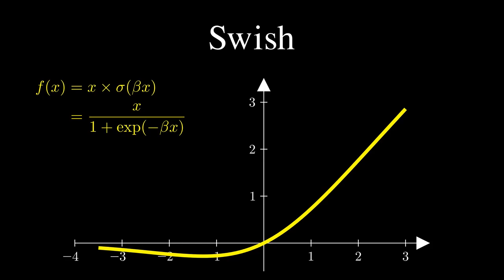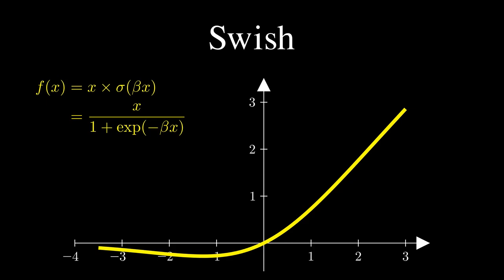One property of the Swish function makes it different from all our previous activation functions, and that is that the Swish function is a non-monotonic function. So what is a monotonic function? A monotonic function is a function that is always non-decreasing or always non-increasing.